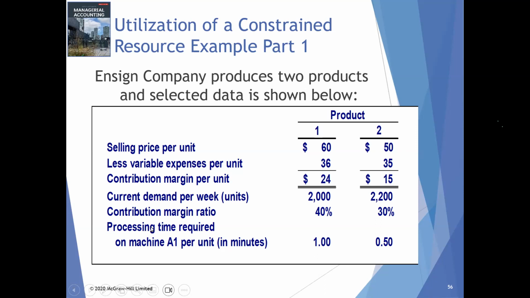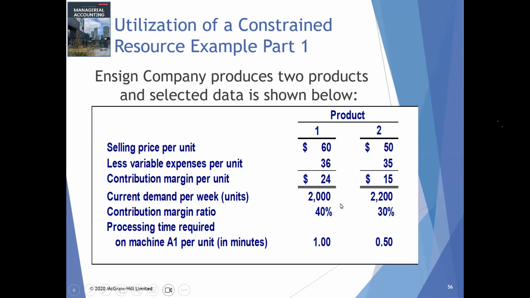On the A1 machine, 1 unit of product 1 can be manufactured in 1 minute, but for product 2, 1 unit can be created in half a minute, right? So this is the constraint that we have.